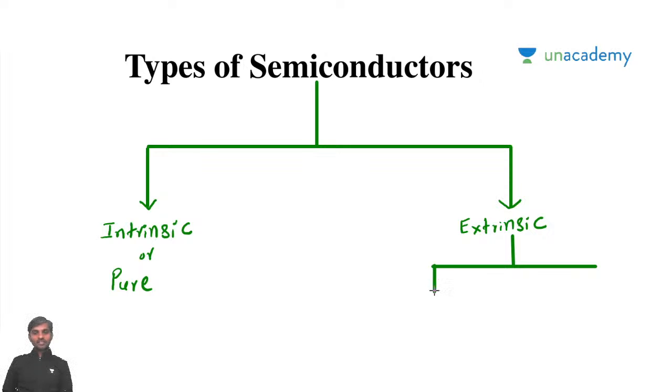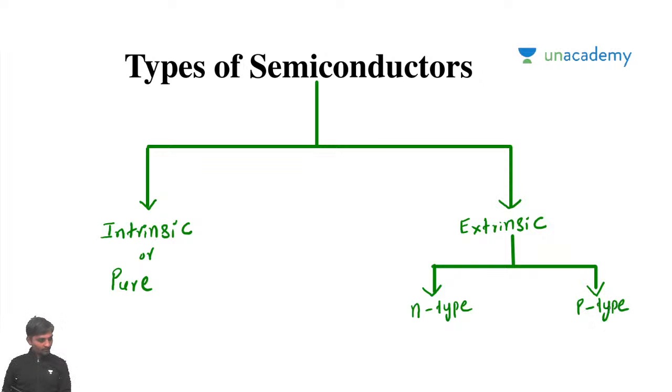These extrinsic semiconductors are again of two types. You know what they are? They are called N-type semiconductor and P-type semiconductor.